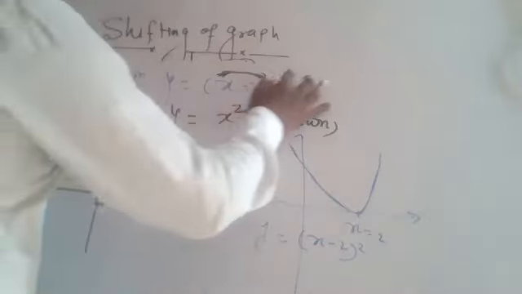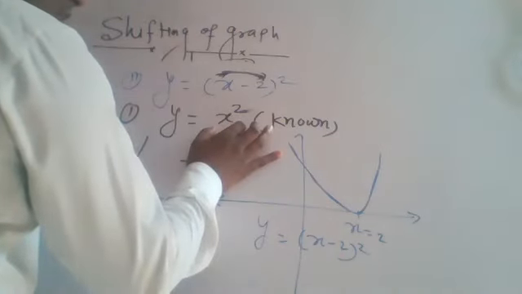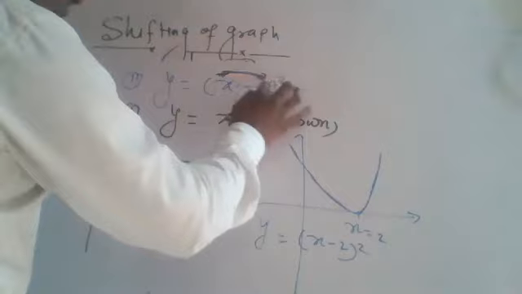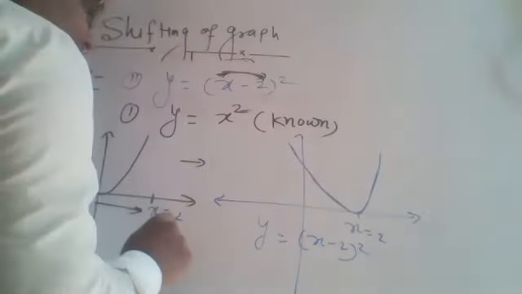Yes, sir. How do we know whether it goes toward the positive or negative side? Yes, see, here y equals is quadratic, which means the basic graph will be the graph of x square. How do we know it is going toward positive? Now a constant is being subtracted from the variable. 2 is going to be subtracted from the variable. Okay, that's why this graph is going to be shifted along positive, and at the constant, at x equals 2.